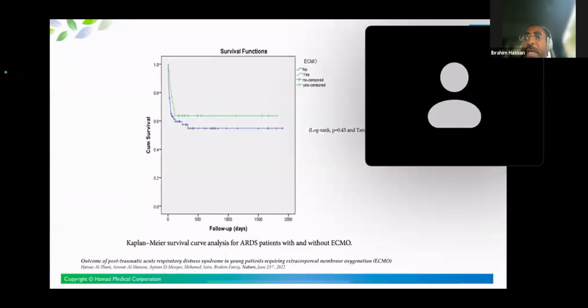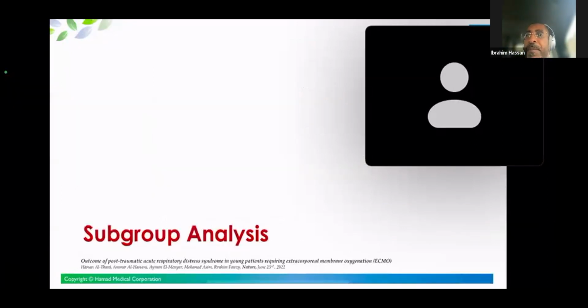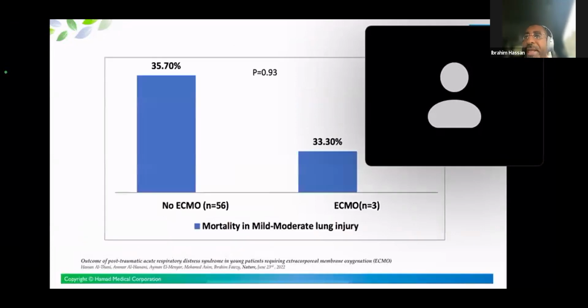If you look at the Kaplan-Meier survival curve, you can see there is a delineation between the ECMO patients and patients who did not have ECMO. However, it did not reach statistical significance for various reasons, some of which we mentioned. But if you go to the subgroup analysis, in mild to moderate lung injury there was really no difference in the use of ECMO or no ECMO, because the survival in the no ECMO group was actually good, which does make sense.